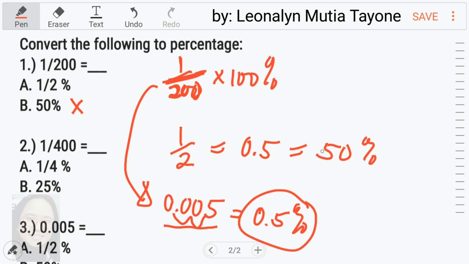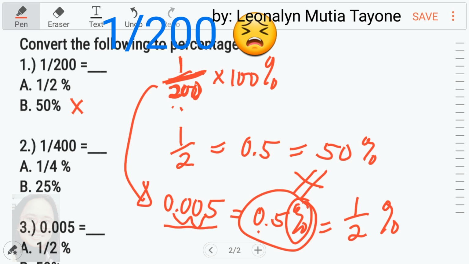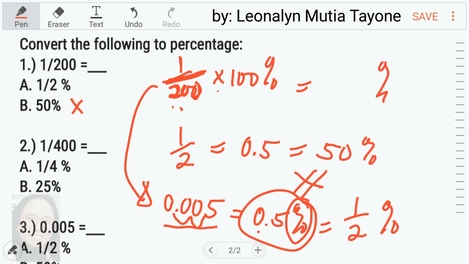0.5% is not equal to 50%. 0.5%, may percent yan siya. That is the same as 1/2%. Again, dito tayo. So, 1/2 times 100%. I-carry mo yung percent sign. Itong 100 mo, i-multiply mo sa numerator kasi automatic yan na numerator yan, yung whole number.